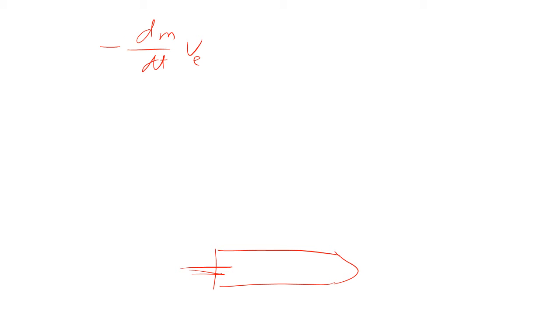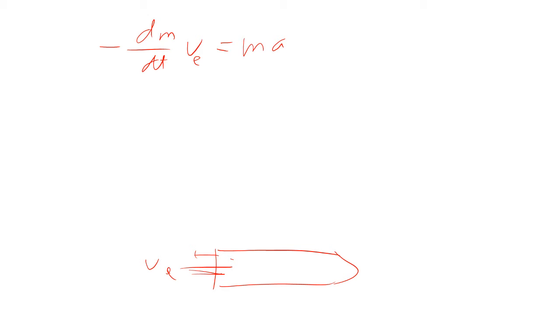So we had said that minus dm dt times, I'm going to use v naught or v_e, I suppose, for the exhaust velocity. So that's the exhaust velocity here, and that's the velocity relative to the spacecraft. And that's equal to ma.